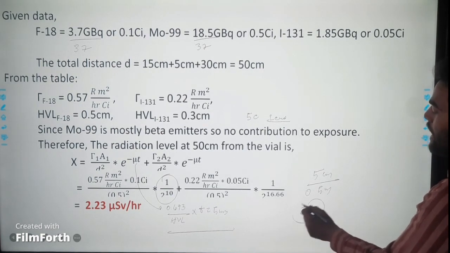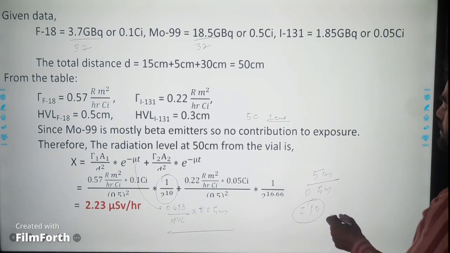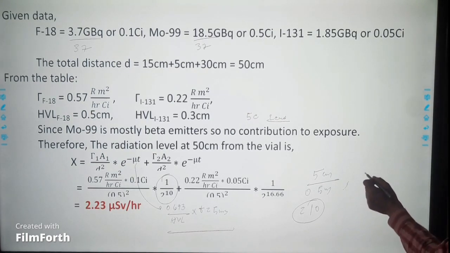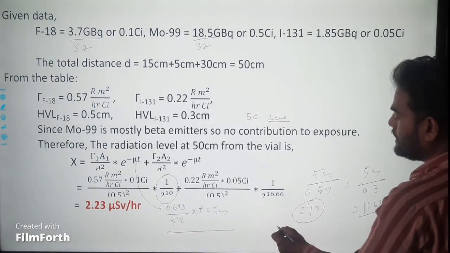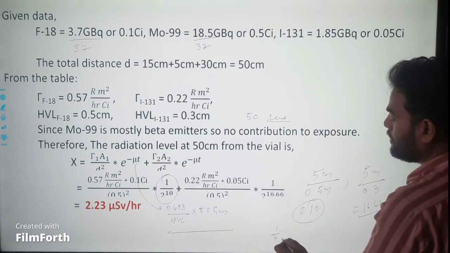So the number of HVL for F18 is 10, and similarly for iodine 131 it will be 5 centimeter divided by 0.3, which is around 16.66. So you know that intensity is reduced by 1 by 2 for each HVL.